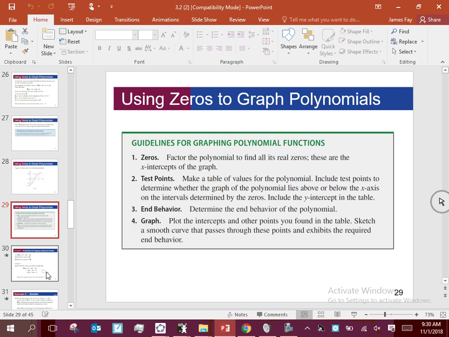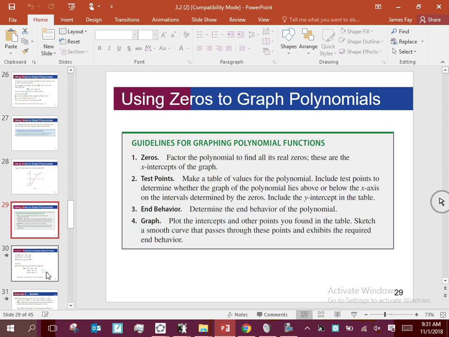The only thing that we're going to struggle with is finding maximum and minimum, and finding their precise locations on functions that are larger than quadratics. So third degree, fourth degree, fifth degree, we're going to struggle finding their max and min, the precise position of them, because we don't have our calculus yet.